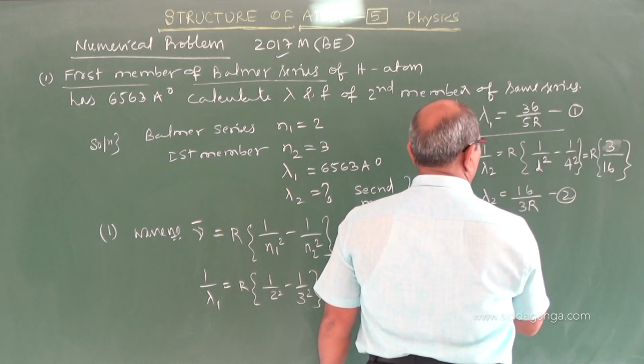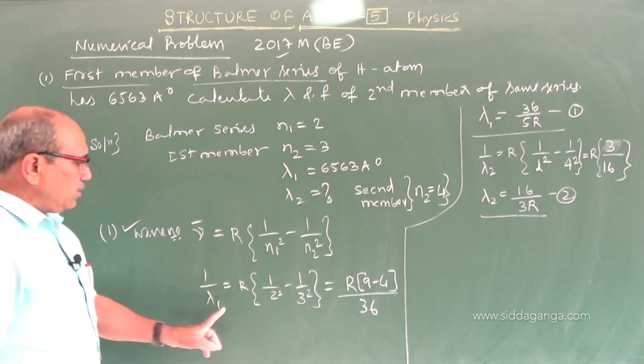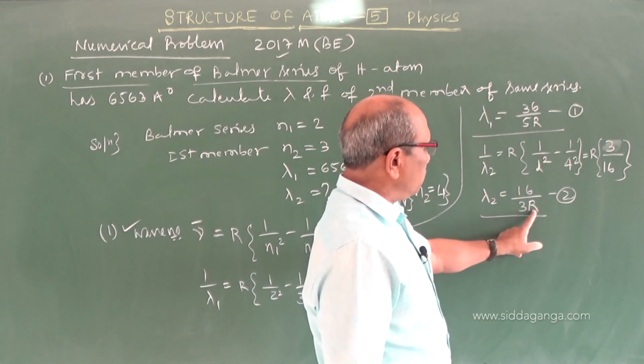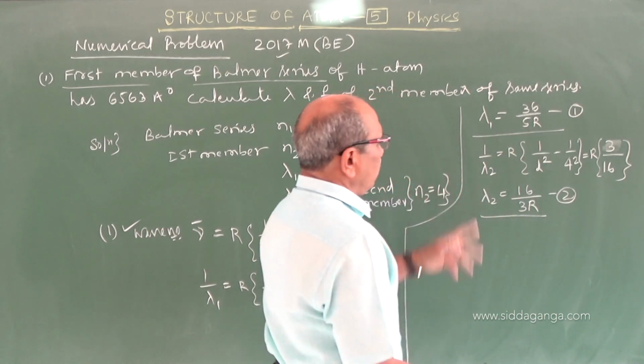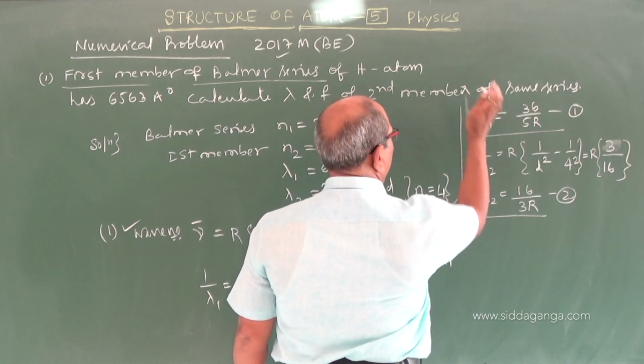I got two relations here. First, I took the given concept and obtained the relation between lambda 1 and R. I can estimate R and substitute here to get lambda 2. Otherwise, I can take the ratio lambda 2 by lambda 1. It is the second step we did here.